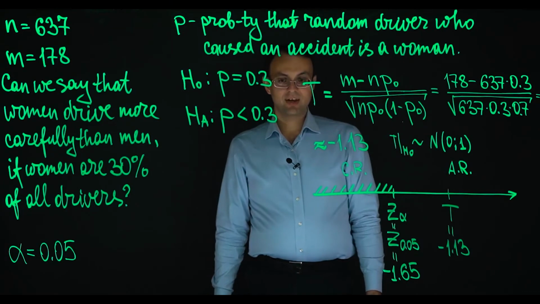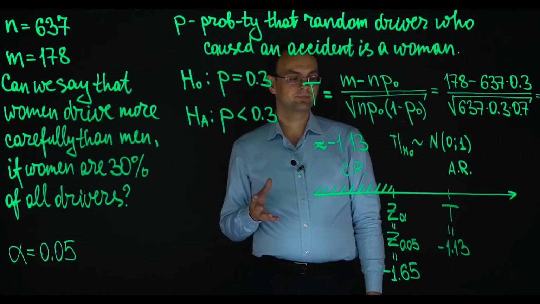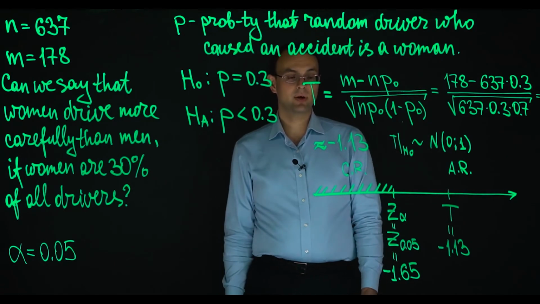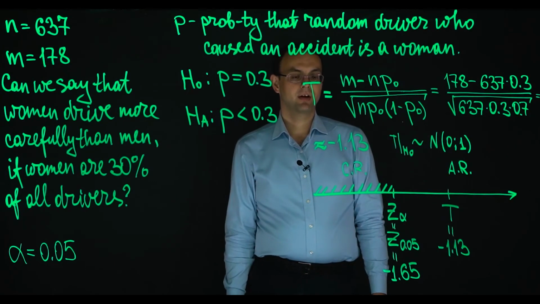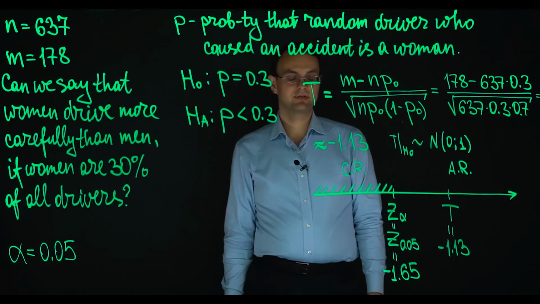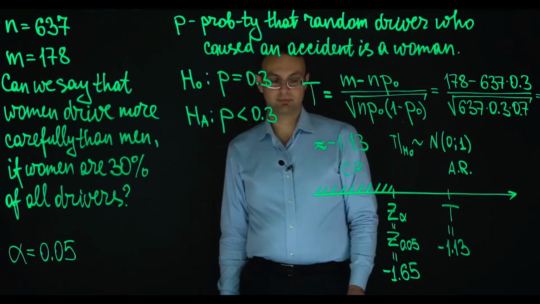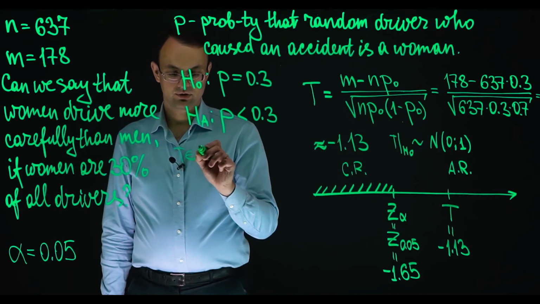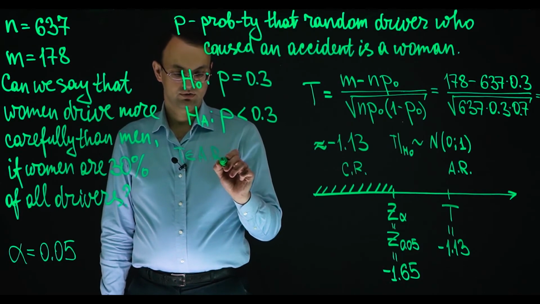We see that the test statistic is in the acceptance region. So that is why we fail to reject the null hypothesis. So the null hypothesis is accepted.